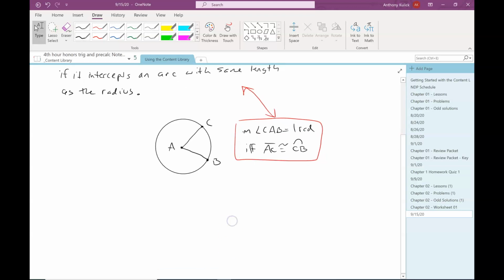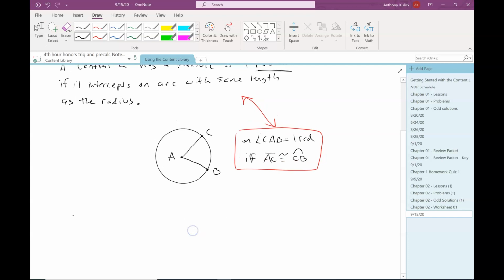So what radius makes the measure of angle CAB equal to the measure of the arc CB?